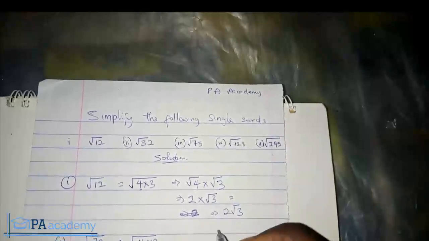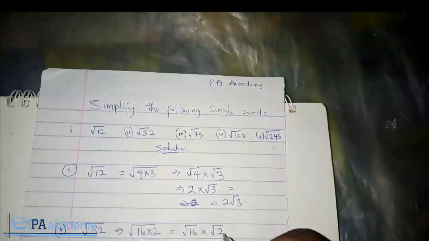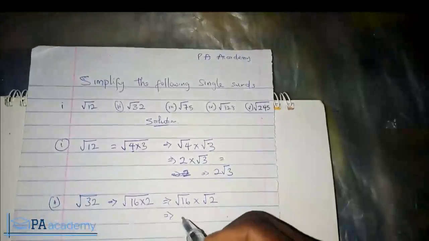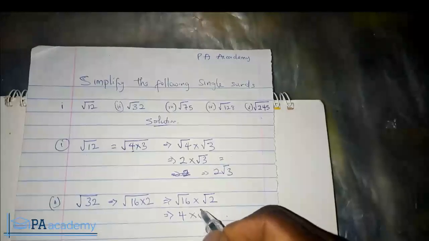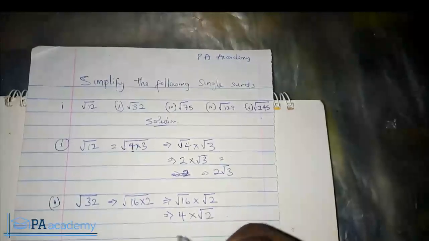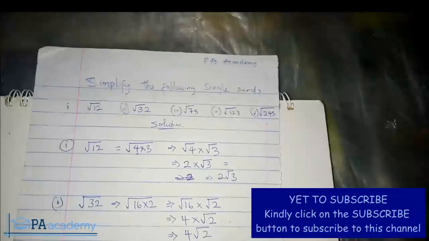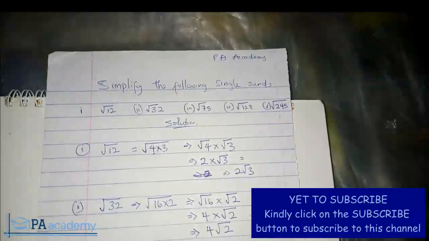If we break it apart, we'll have the square root of 16 times the square root of 2. The square root of 16 is 4, times the square root of 2. So our answer is 4 root 2. That's the answer to question number 2. Let's go to number 3.